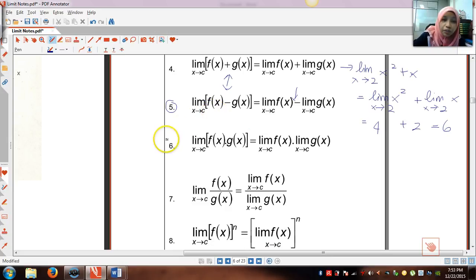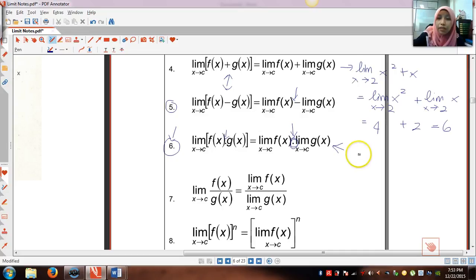Okay, now we look at theorem number 6. So we have f(x) times, or multiplied with, g(x). How do we find the limit? We can separate f(x) and g(x) and then multiply them in between the limits.